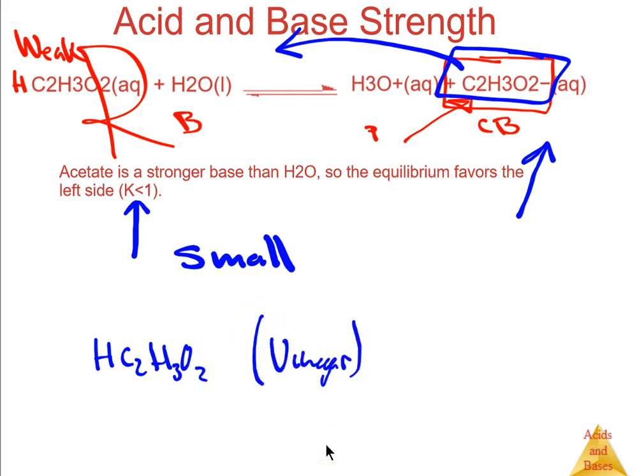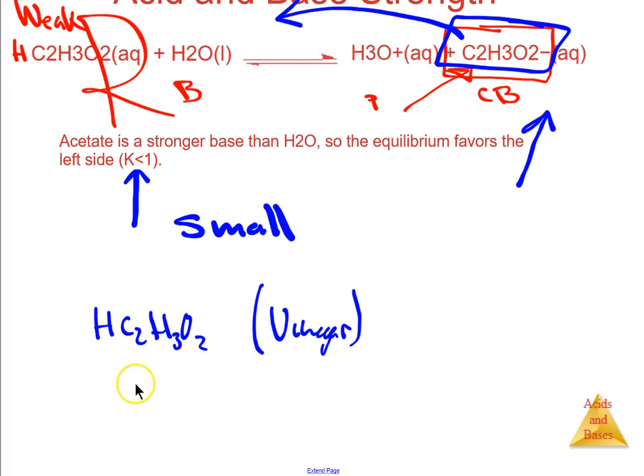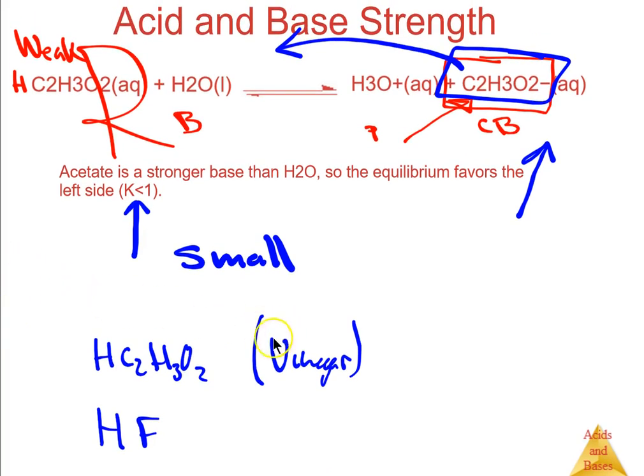We talk about that one and use it a lot. And then the only other one we really usually talk about is HF, hydrofluoric acid, which is a very weak acid because F is really strongly holding on to H. Okay? In these, they don't dissociate as much, so they have Ka values.